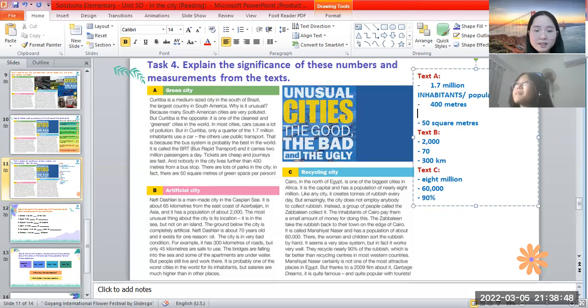Yes, 400 meters is the furthest distance from a bus stop to a bus stop.